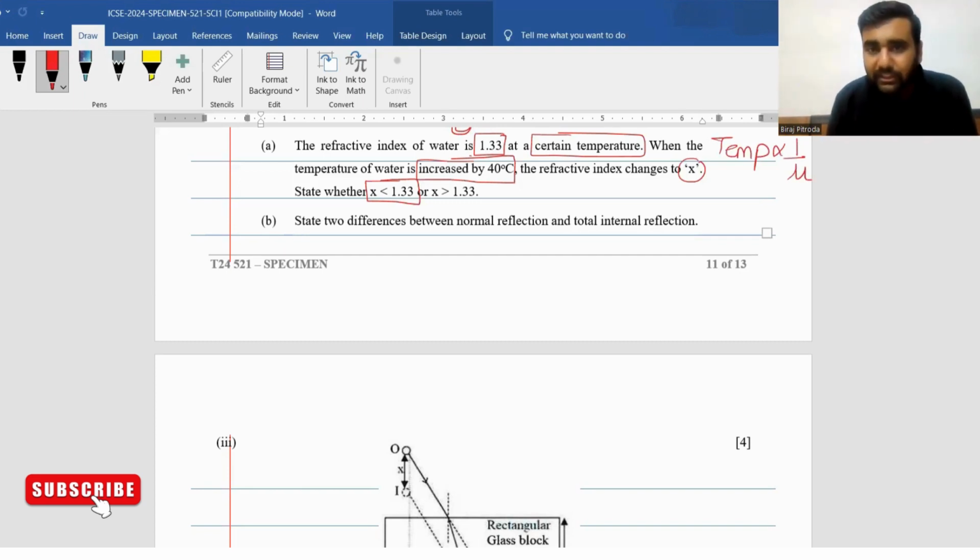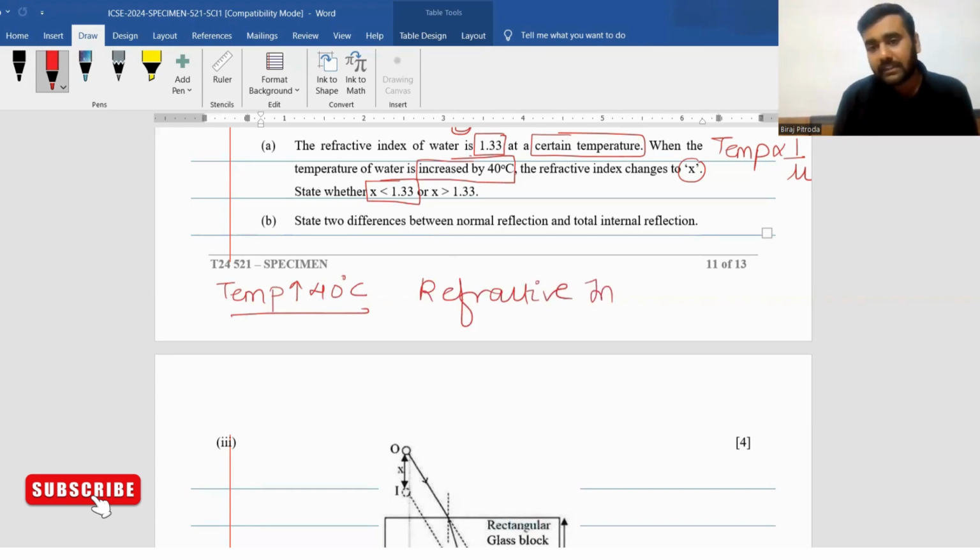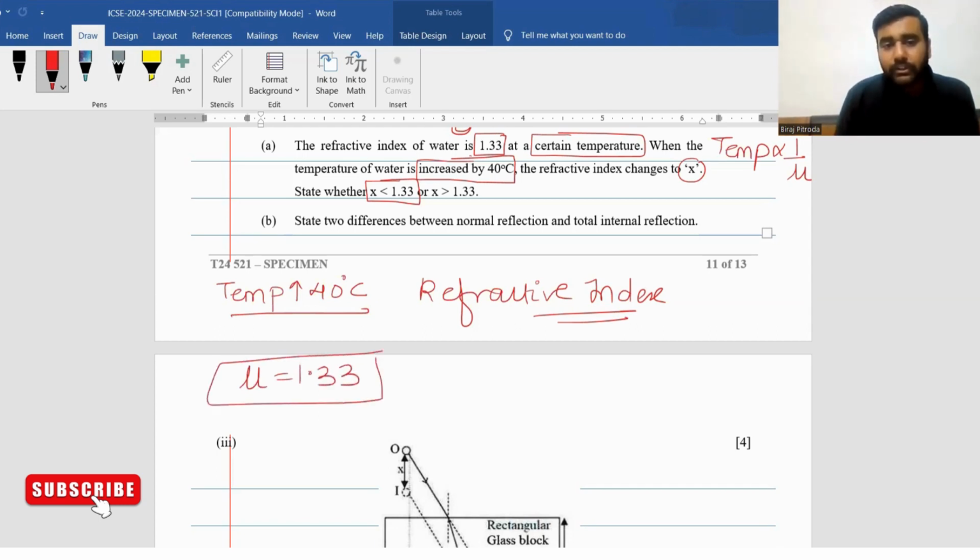So students, if temperature is increased, so here as per the question, the temperature is increased by 40 degrees Celsius, that means the refractive index should decrease, right? Because they both are inversely proportional. Am I correct? So originally, the refractive index which is given to me is 1.33. So don't you feel, students, if the temperature is increasing, that means refractive index should be less than 1.33.